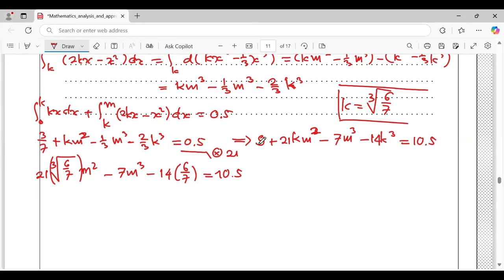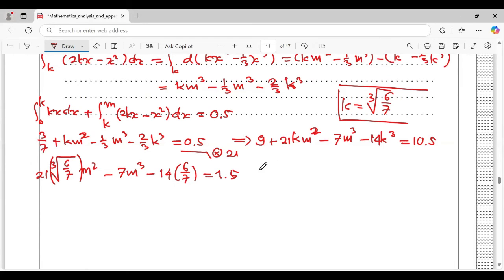Wait, 10.5 minus 9 is 1.5. And this is 14 times 6 divided by 7, which is 12.